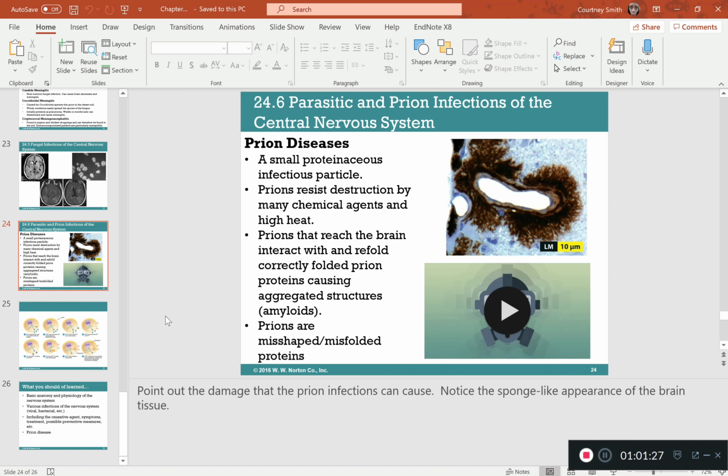And with their structure being malformed, it will start producing amyloids, these accumulated structures that actually lead to cognitive decline, neurological decline, motor decline, and then eventually death. So that's the big picture of what I want you to get from prions. There is a video that shows the clinical presentation of it, so definitely take a look at that.